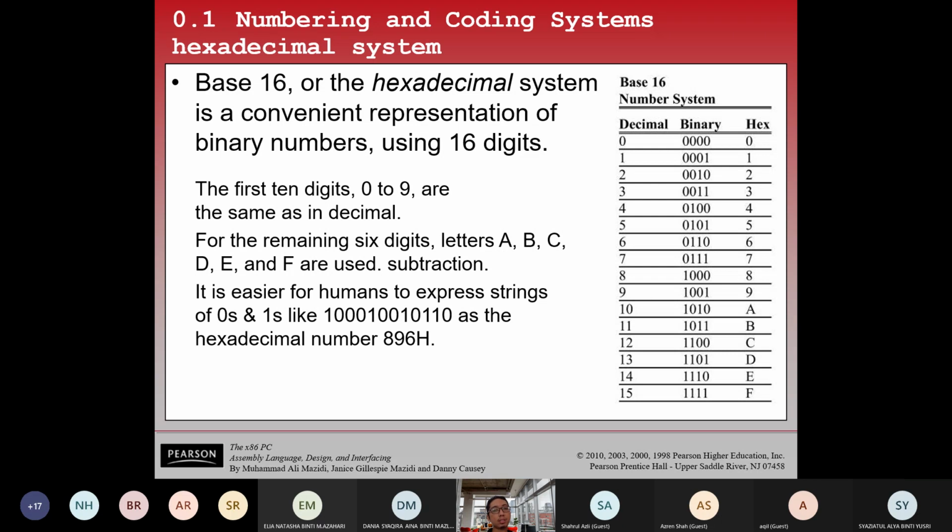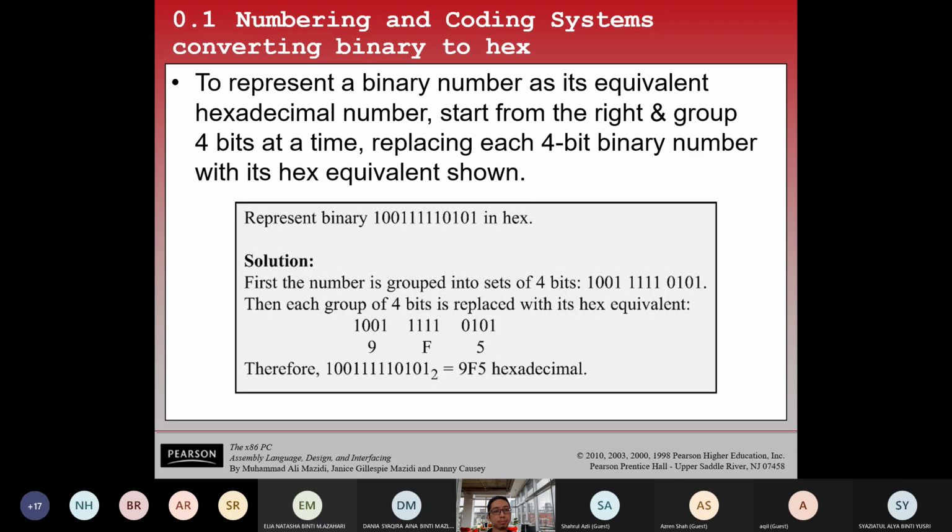So 8, 9, 6, and you need to put H. H is for hex. To represent a binary number as its equivalent hexadecimal number, we start from the right and group 4 bits at a time. This is how I show you to do that.